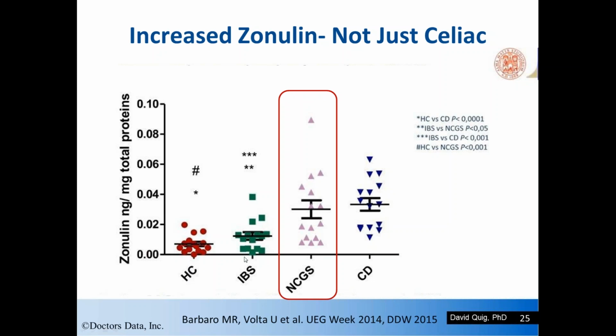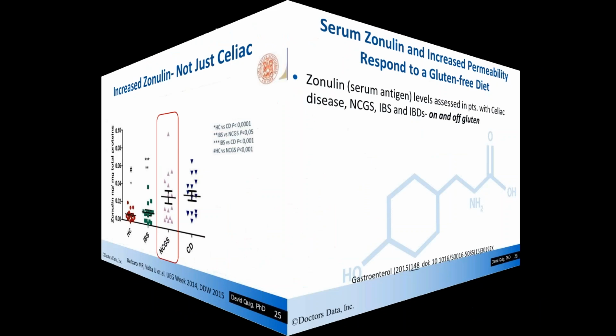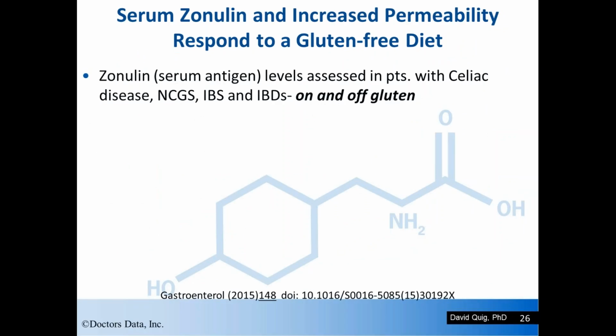And there was also a trend for an elevation in zonulin in patients with IBS. That was not statistically significant. However, a very important follow-up study showed that the zonulin response and increased permeability can be greatly ameliorated with a gluten-free diet, gluten being a primary trigger of the zonulin pathway.